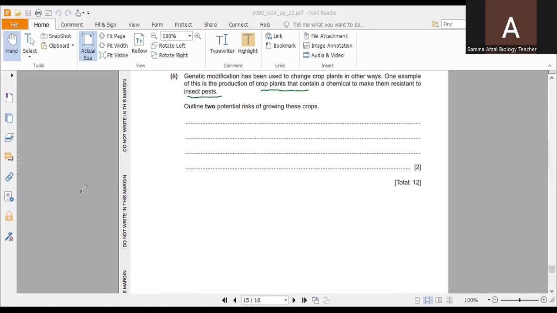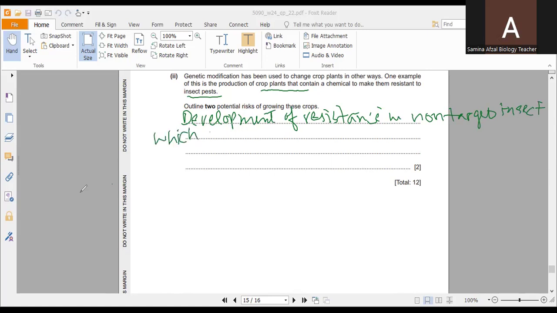So exposure to the chemical, even if it is less potent on them, can lead to development of resistance in non-target insects which are beneficial for plants.